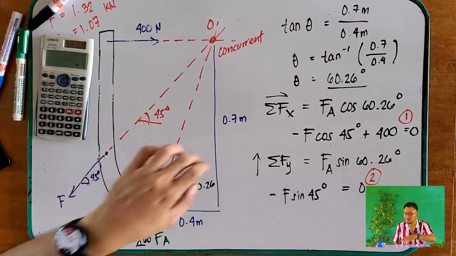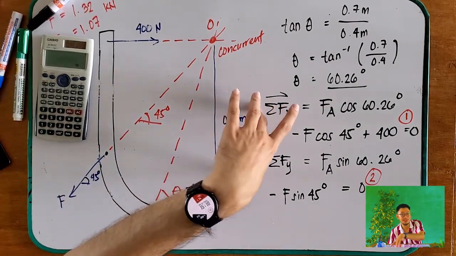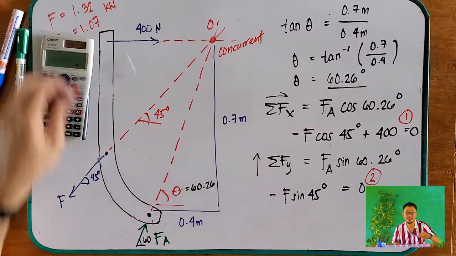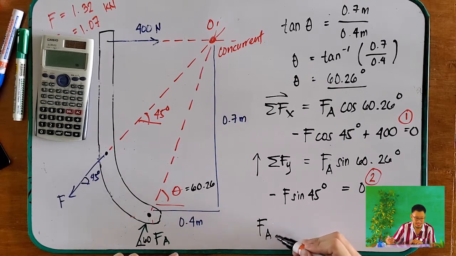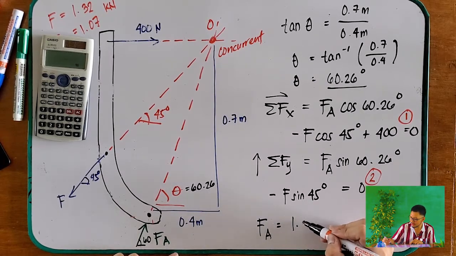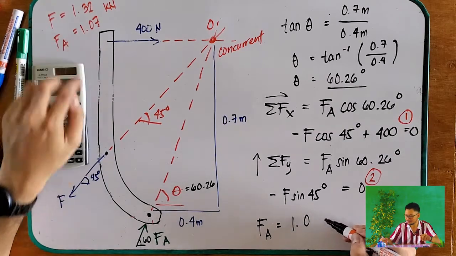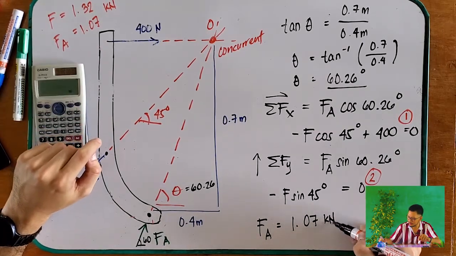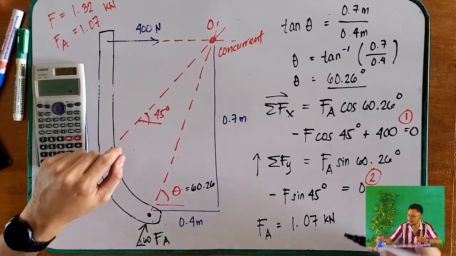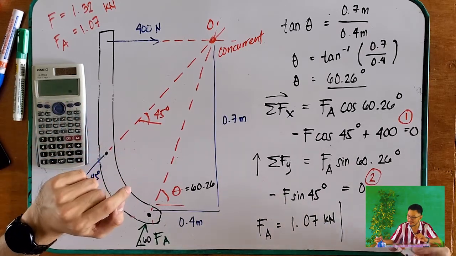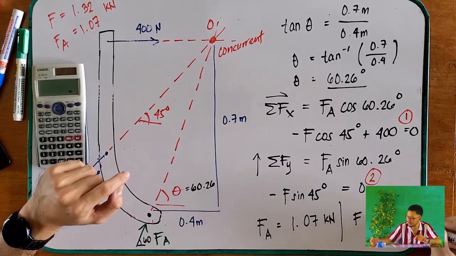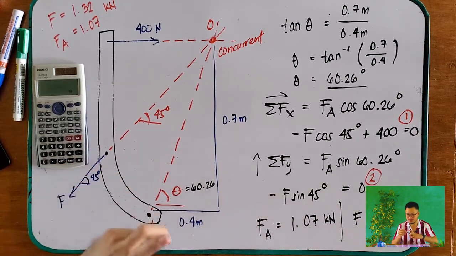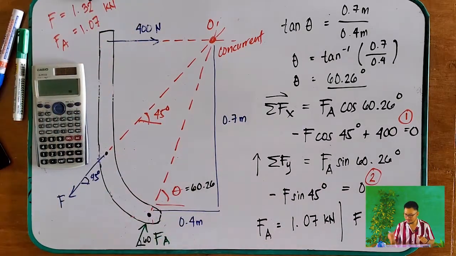Now, if you solve the two equations for two unknowns using algebra, you will finally arrive at the answer for your FA as 1.07 kilonewtons. I'll leave the calculation to you, but I'm sure that you will arrive at the same answer, and your F is equal to 1.32 kilonewtons. And this is your answer.